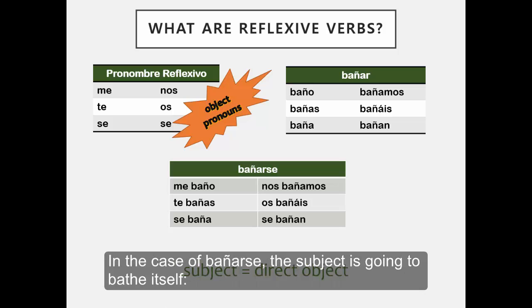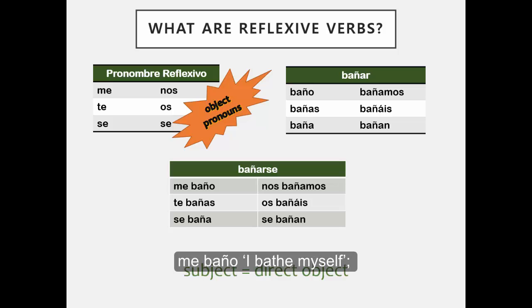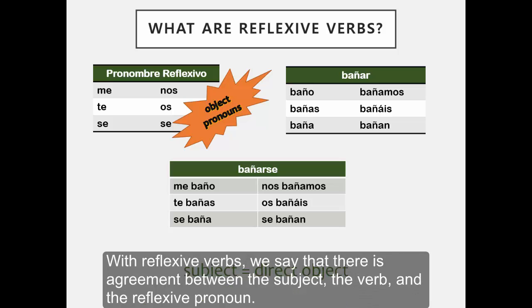In the case of bañarse, the subject is going to bathe itself. Me baño, I bathe myself. Te bañas, you bathe yourself, etc. With reflexive verbs, we say that there is an agreement between the subject, the verb, and the reflexive pronoun.